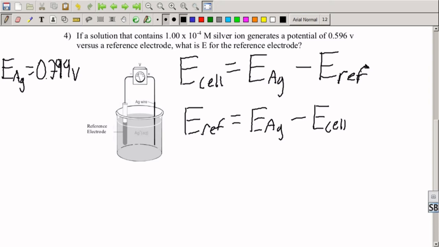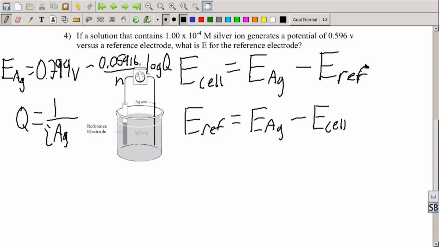You can take that minus 0.05916 over n times the log of Q. And for this half reaction, since it's written as a reduction, here's what Q is going to be. Q is going to be equal to 1 over the concentration of silver ion in my cell.